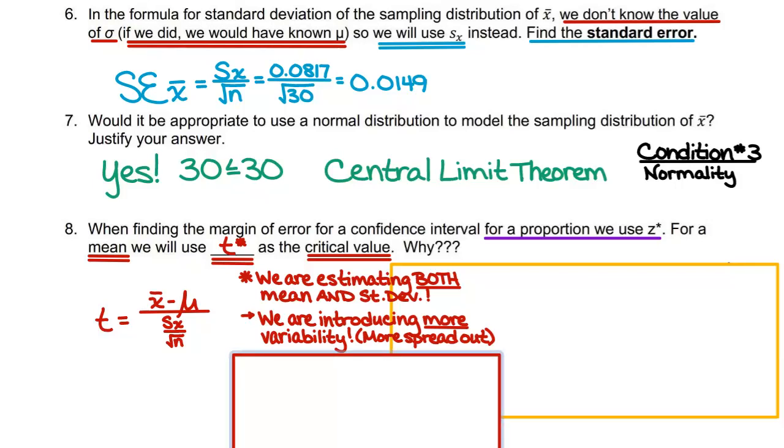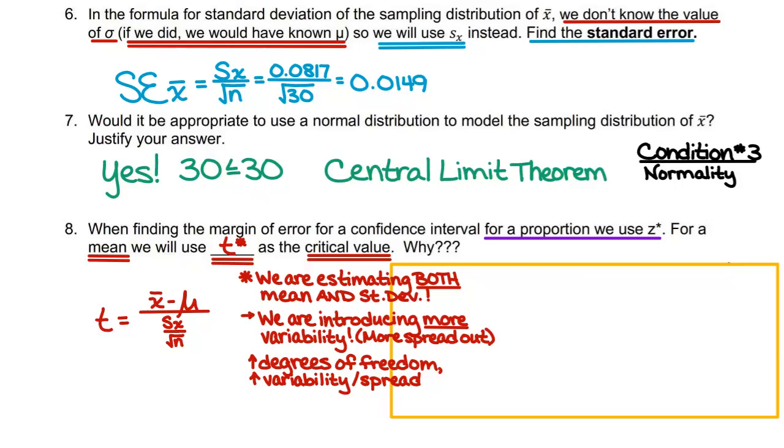That means my graph is going to be more spread out. It's still going to have the same basic normal curve shape to it, but it's not going to have the exact same spread as a normal curve because we've introduced more variability now. There's an idea called degrees of freedom, and I'll explain what that means in just one moment.